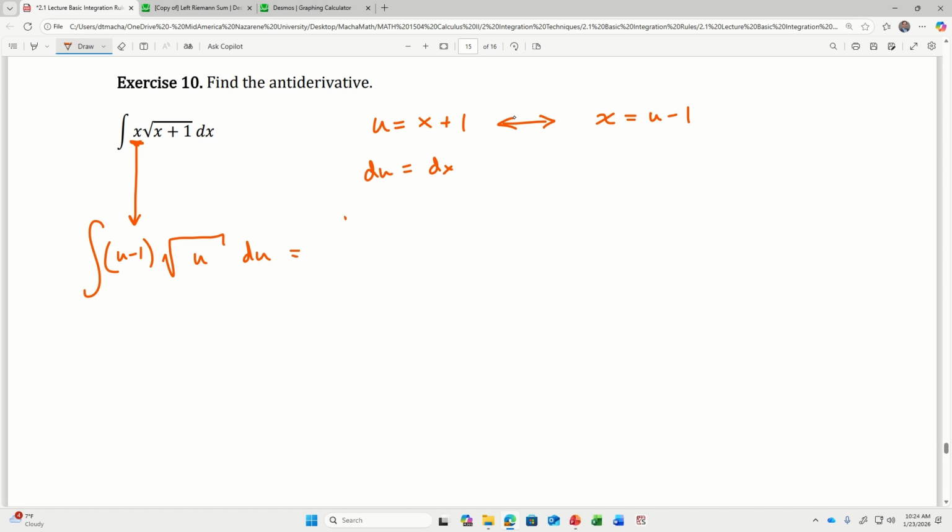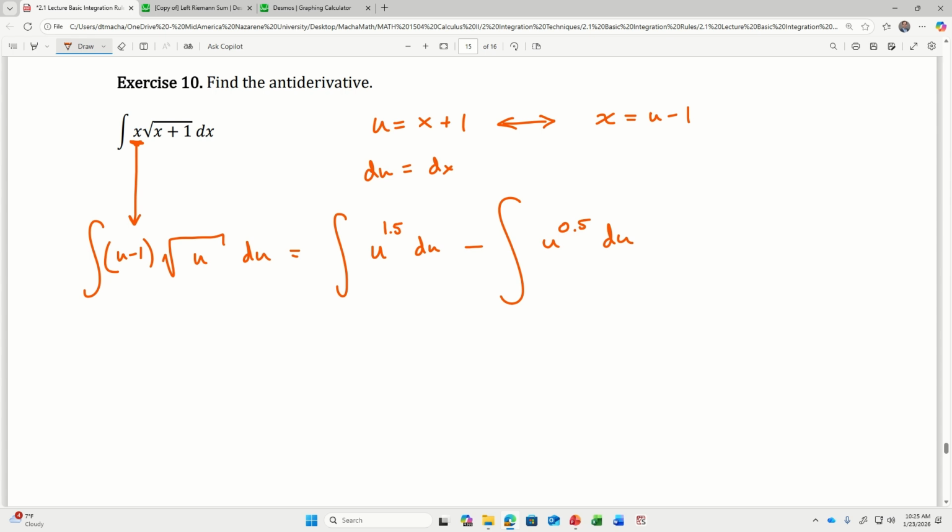And then I'm not going to finish solving this entire thing for you, but what you should realize is that this is the same thing as u to the 3/2 power minus u to the 1/2 power.